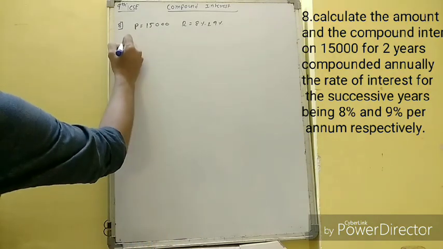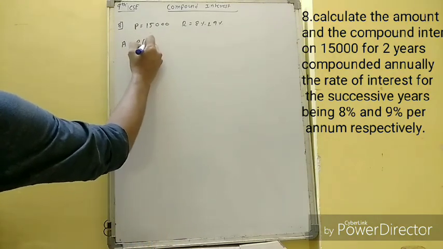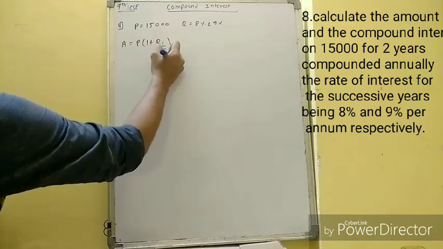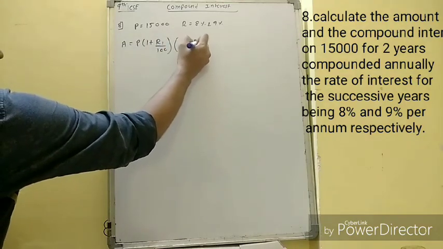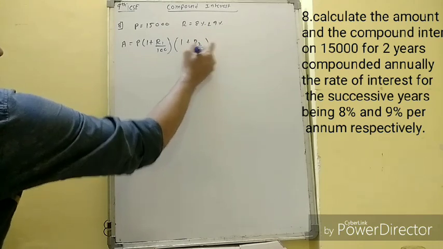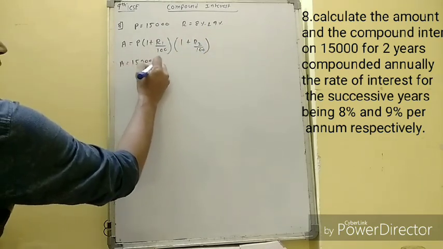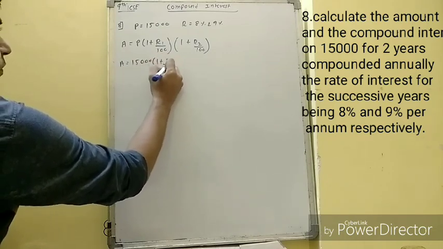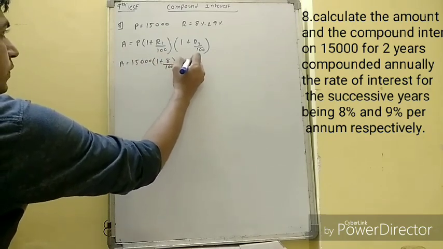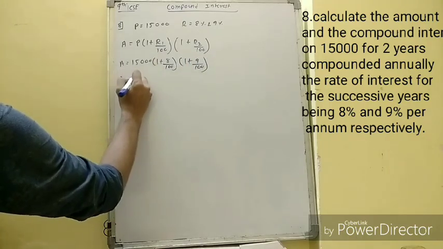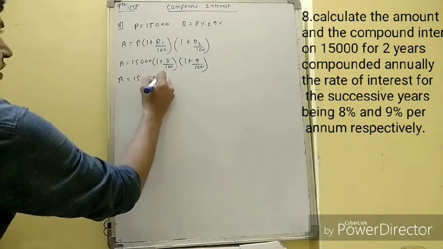So you will find the amount is equal to P into 1 plus R1 upon 100. If we have two rates, we will do like this: 1 plus R2 upon 100. So the amount is equal to, principal is 15,000, 1 plus 8 upon 100 and 1 plus 9 upon 100. So the amount is equal to 15,000.